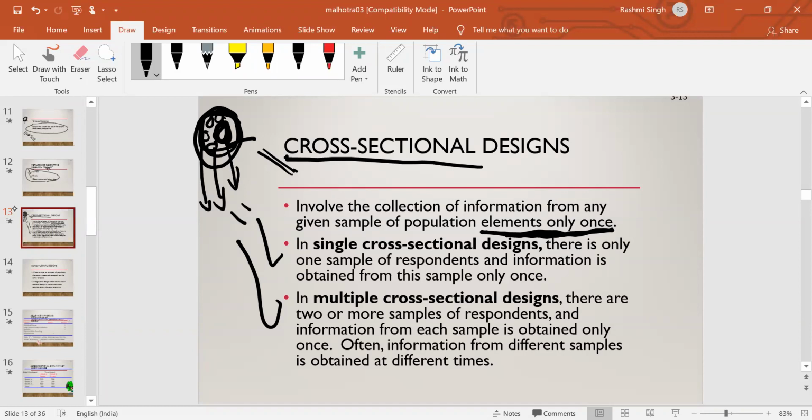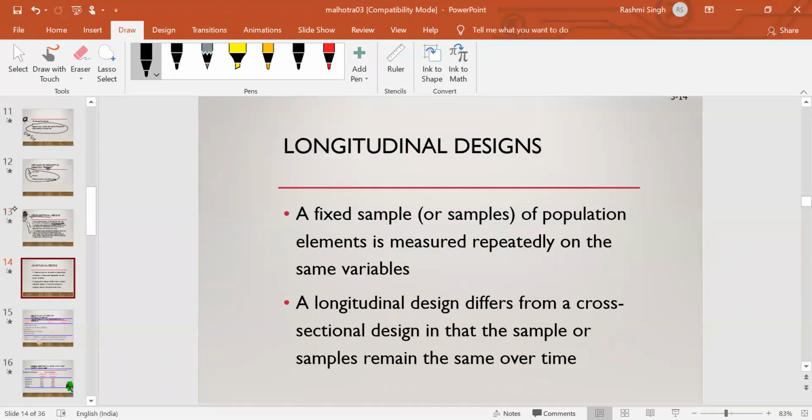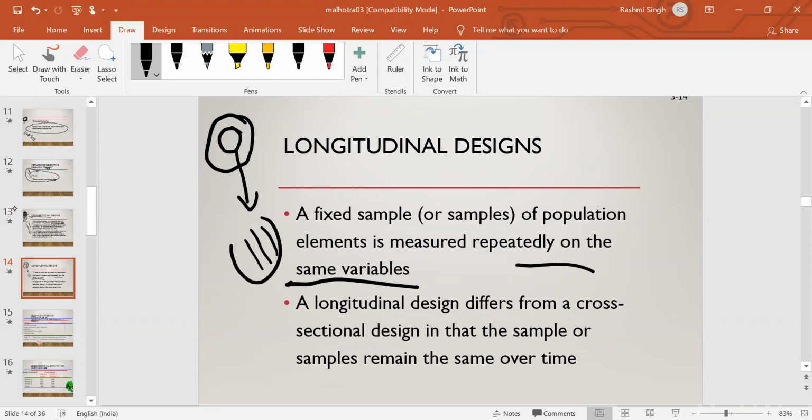Second type is longitudinal design. In longitudinal design, a fixed sample or samples of population elements is measured repeatedly on the same variables. Means from any defined set of population, you will take some sample, and from that sample, every time you will collect data.